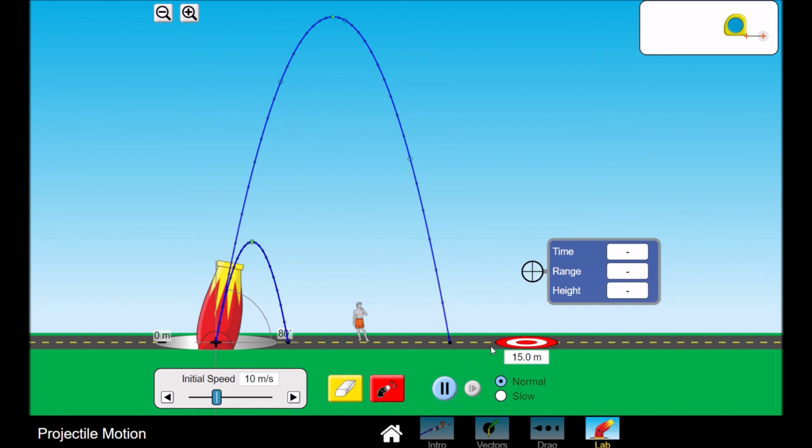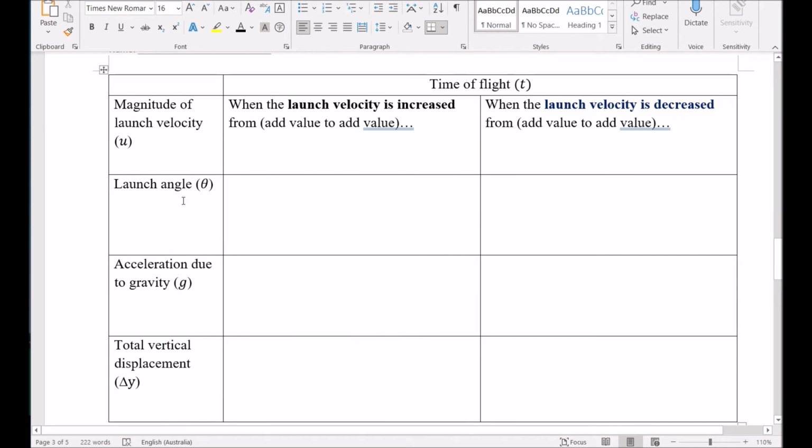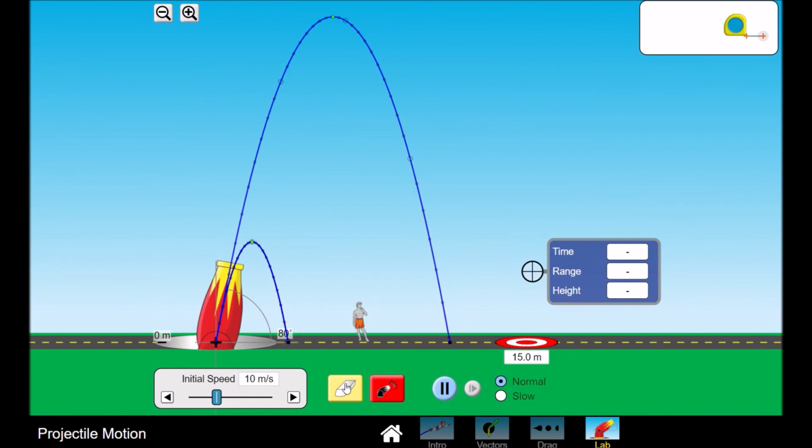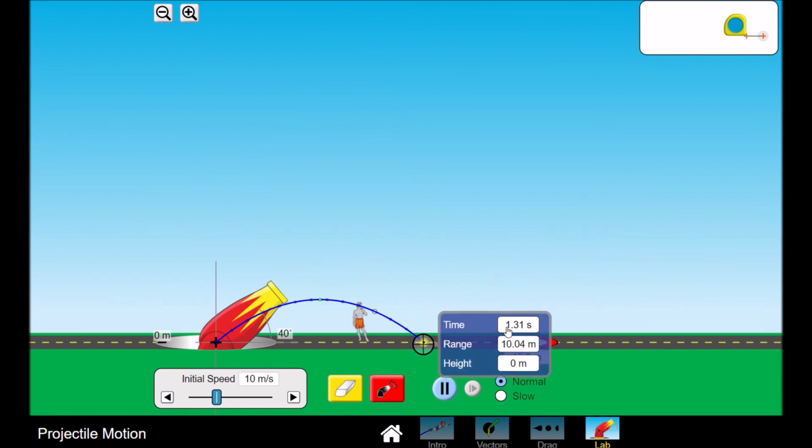Okay, let's also look at some other variables. So we have launch angle. Let's refresh. I'm going to alter my launch angle to 40 degrees. Launch. You can see trip time is 1.31 seconds.